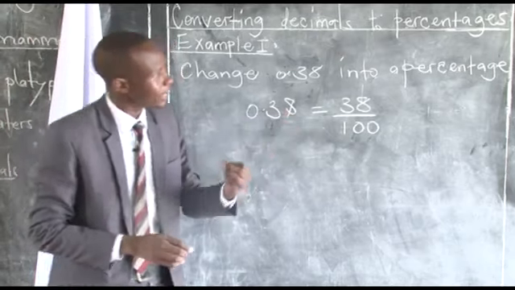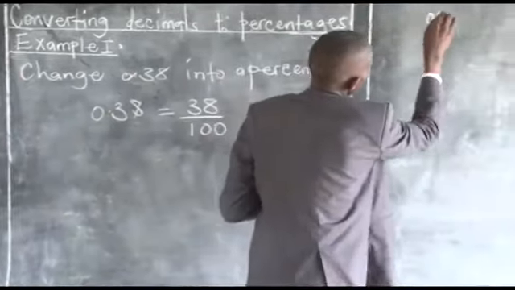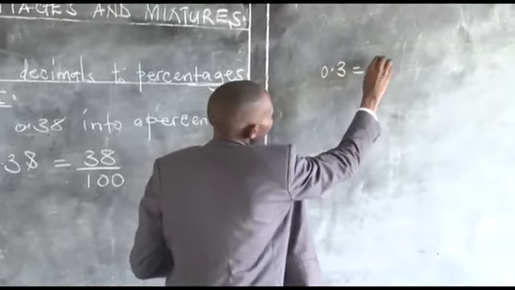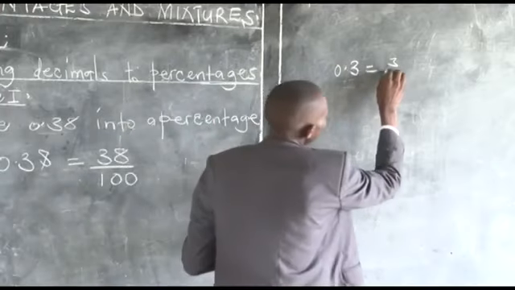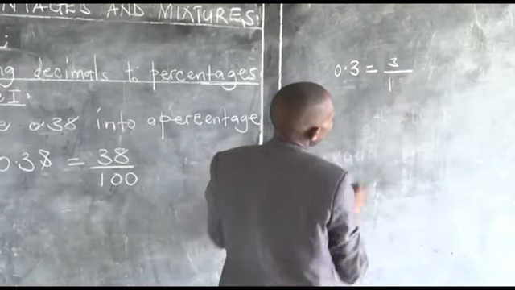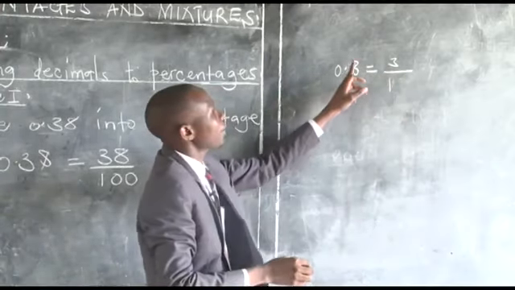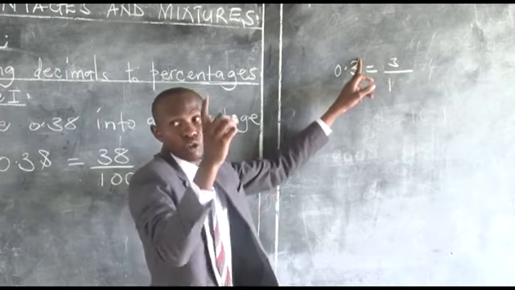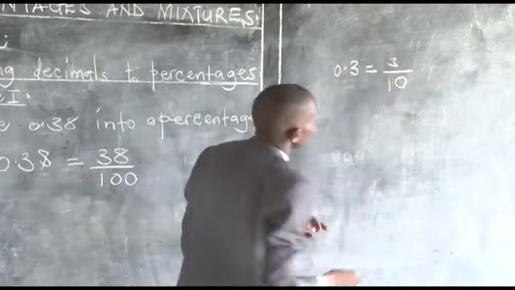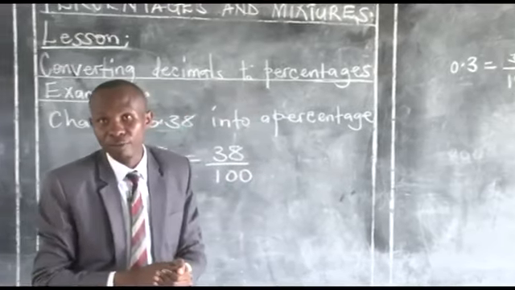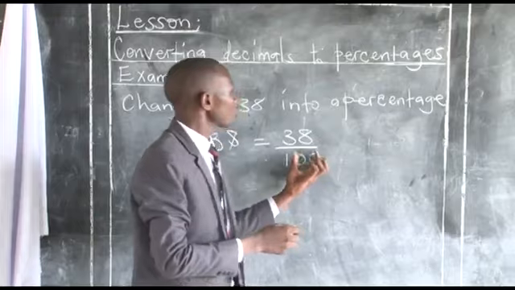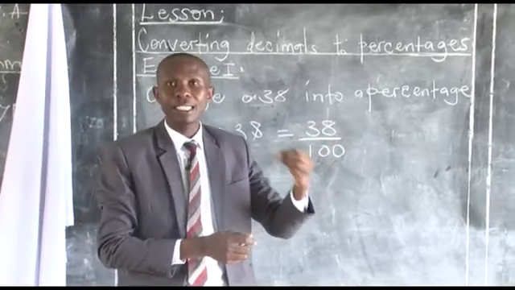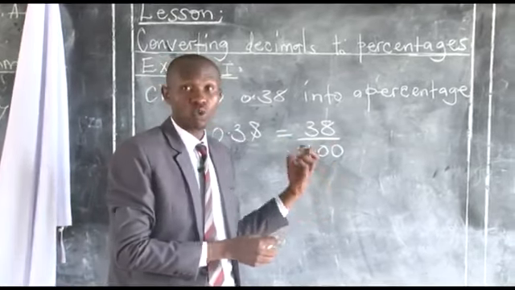If it was like 0.3, it wouldn't be 3 out of 100. Here it would be different. It would be 3 out of 10. We shall say out of 1, then we say how many decimal places are here? It is only 1. So we could change this to be 3 out of 10. Okay, what does it mean? The number of decimal places determines the number of zeros you are to add on 1.